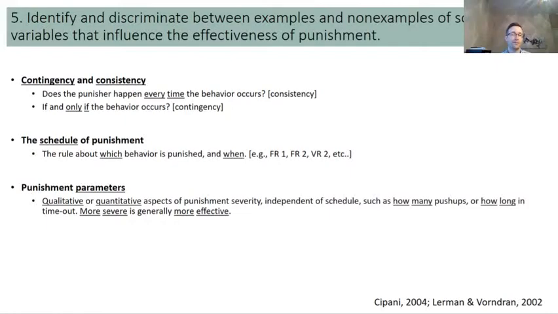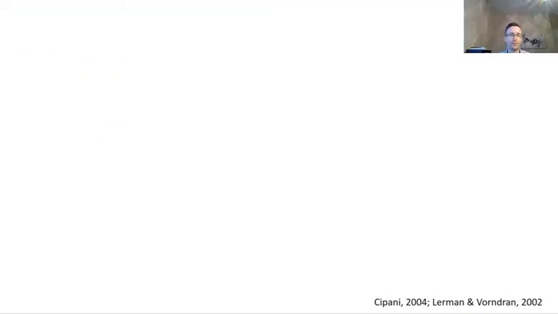So if folks don't require the learner to engage in enough exercise, or in the case of timeout, they're there too briefly, well, that can weaken the effectiveness of punishment, and then the person trying to use punishment can conclude that punishment doesn't work. Well, they just haven't used it correctly or effectively.